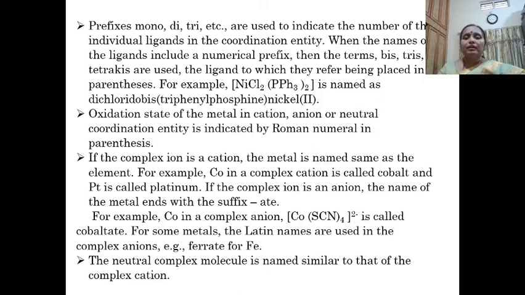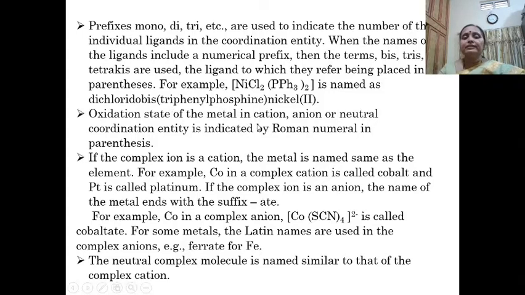For example, here there is already a triphenyl, so in such a case I am going to use bis. The name of this compound is dichloridobis(triphenylphosphine)nickel(II).